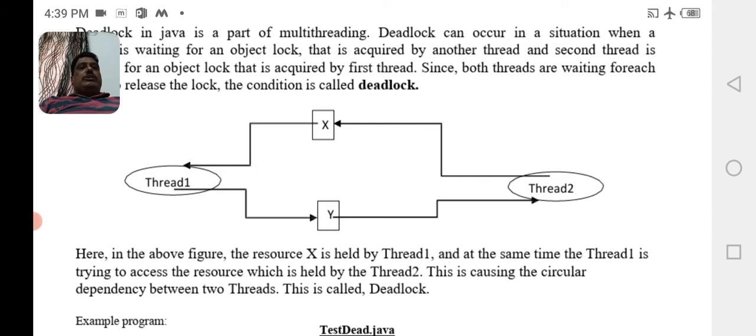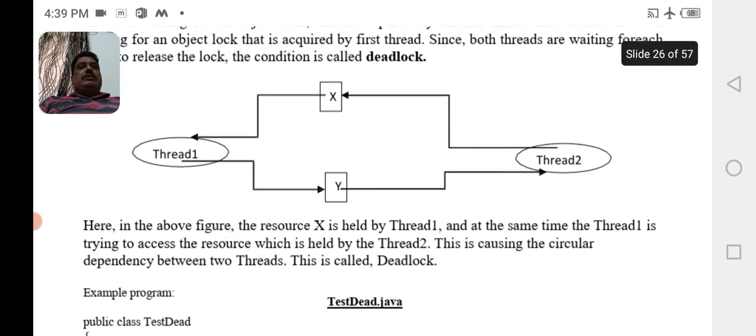So this is causing the circular dependency between two threads.